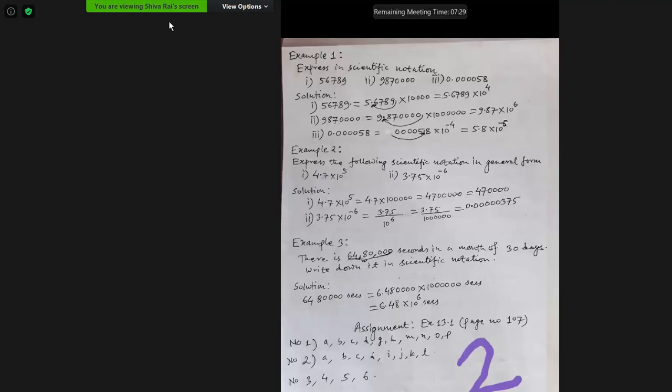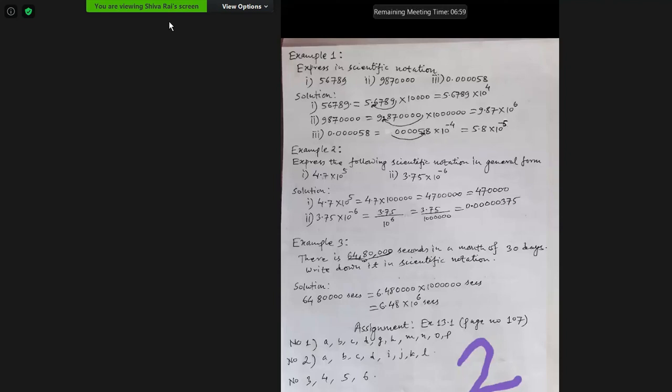Now the last one, a very small number: 0.000058. The value of a must be less than 10. So how can we make it less than 10? If you shift the decimal in between 5 and 8, it becomes 5.8, which is less than 10. I am missing to write 0 point there, so make it correct.